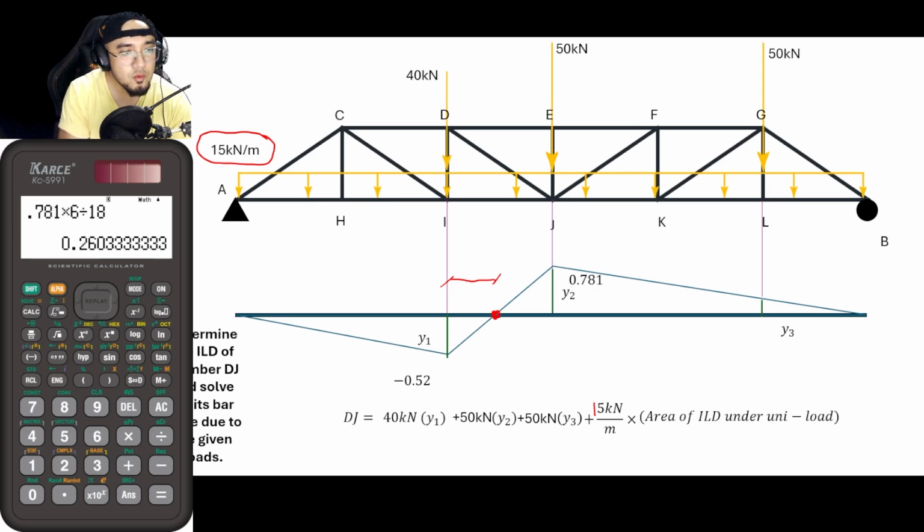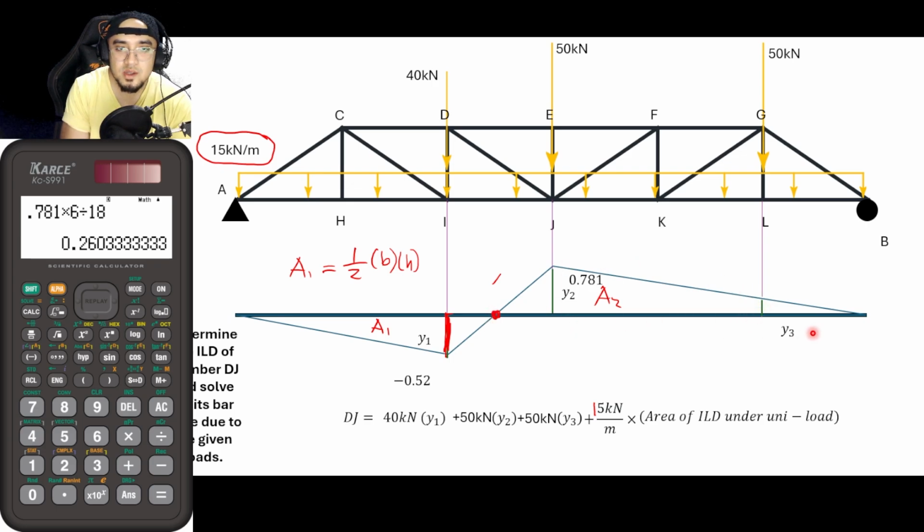Why would we do that? In order for us to solve for the area here. Let us name this area 1 and this area 2. For area 1, the area of a triangle is 1/2 base times height, where the height is this dimension here, and the base is from this point to this point.